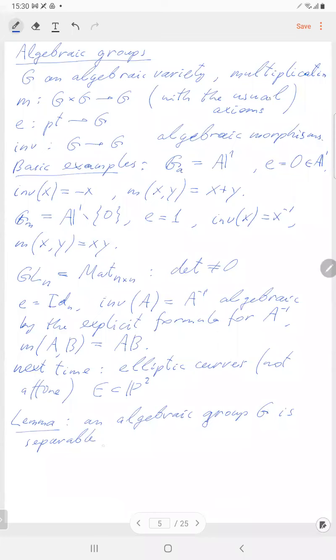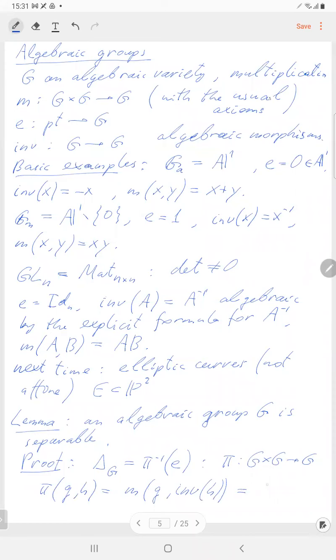And the proof is because the diagonal in G is the preimage of the identity, pi inverse of the identity, under the following map: pi from G times G to G, and this is essentially the product (g, h) goes to the multiplication of g and the inverse of h.